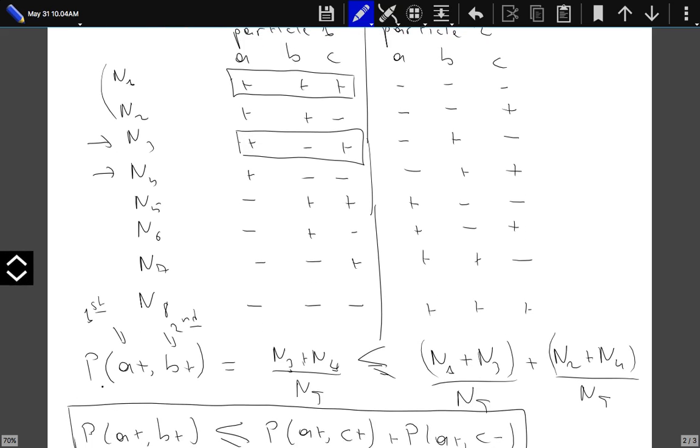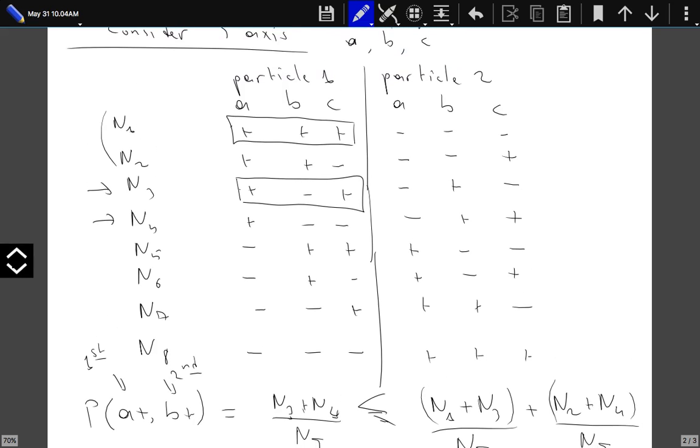And this probability is the probability that for the first particle I measure plus and for the second particle I measure B plus. And those two are just A plus and B plus. A plus is the first two rows, and this is the B plus row.